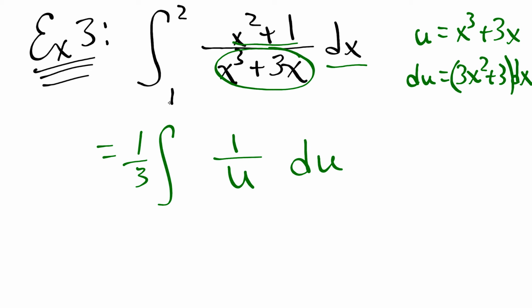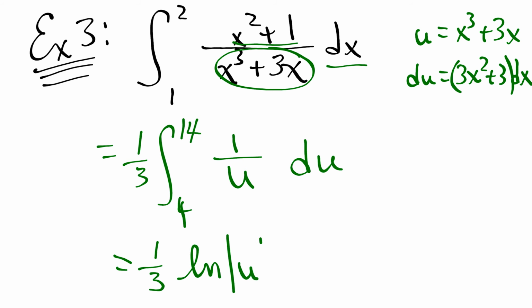When x is 1, u is 1 plus 3. And when x is 2, u is 8 plus 6. And we remember that the antiderivative of 1 over u is the natural log of u, technically the natural log of the absolute value of u, evaluated between 4 and 14.